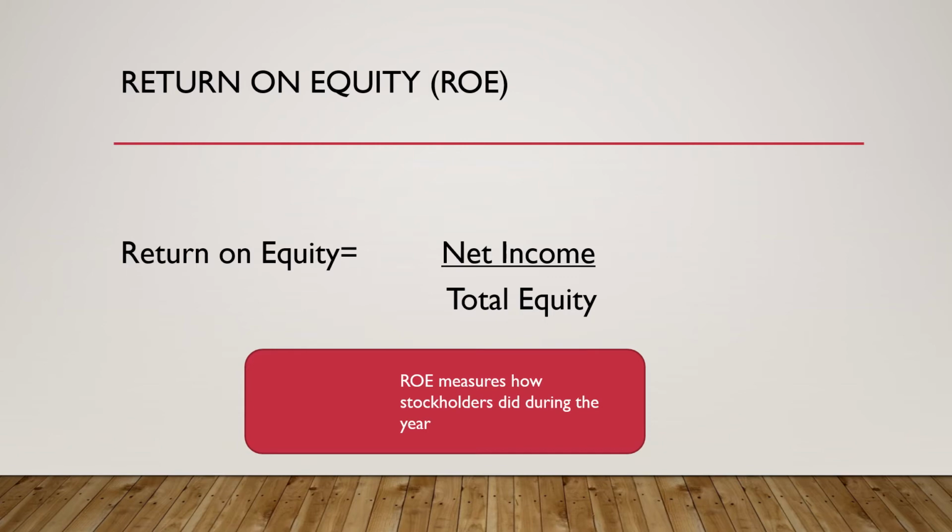Remember that in the corporate finance world, the goal of taking on additional projects is to increase the value of the firm. One way to measure that is by how much money the stockholders earn through their ownership of common stock. So once again, the ROE measures how the stockholders did during the year.